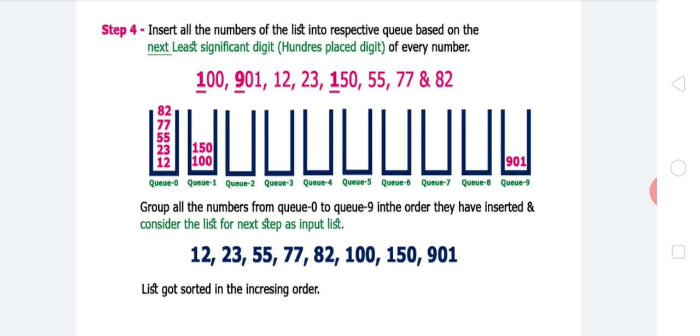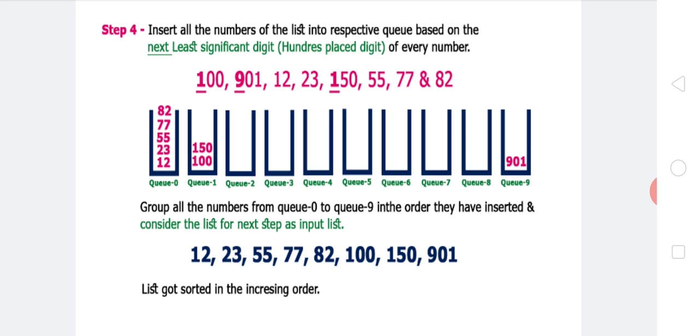In step number 4, the same procedure applies, meaning recursion is applied here. Insert all the numbers of the list into the respective queues based on the next least significant digit, which is called the hundreds place digit of every number. In step number 2, we placed all the elements based on the ones place digit.